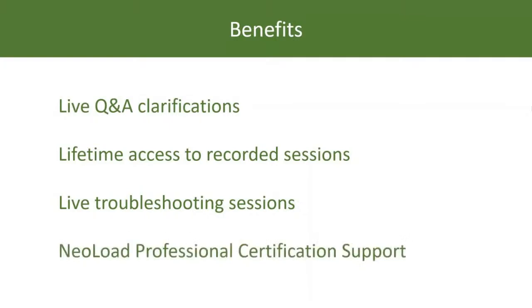And towards the end of this course, I will also provide you support on how you can approach to clear the professional certification. Okay, I will give you how you can approach and what are the things that you have to consider and what are the areas that you have to learn and practice so that you can clear the professional certification.